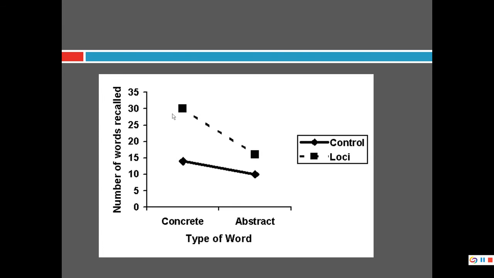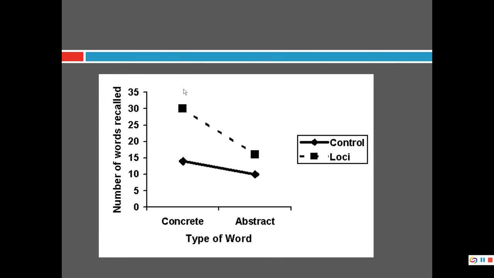So that might look something like this, that you have people using the method of loci here and people not using it and just getting no instructions or something here. For the method of loci, people are remembering 30 words or so. Not using the method of loci, they're only getting about 15 words, that they're doing half as well, basically.